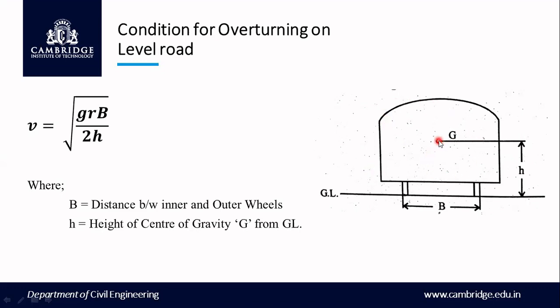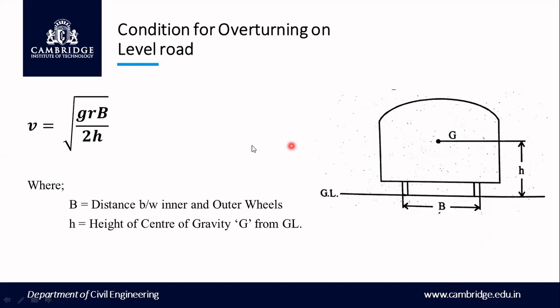Here, the height of the centroid is h from the ground level, and b is the width of the object, or the distance between the wheels of the object.